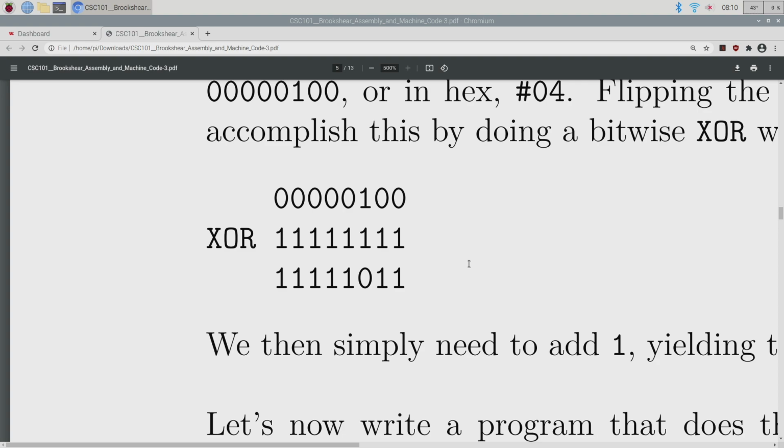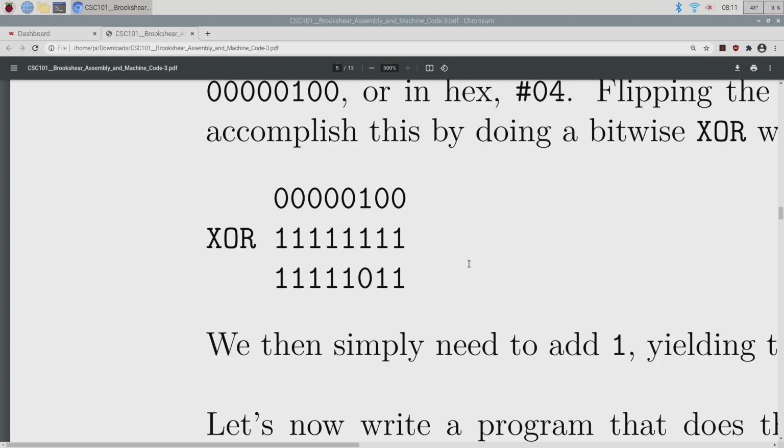So this result, the bottom line there, is not the representation of -4, is it? Because we still have to add 1. If I add 1 to this, what do I get? 0, carry, 0, carry, 1.